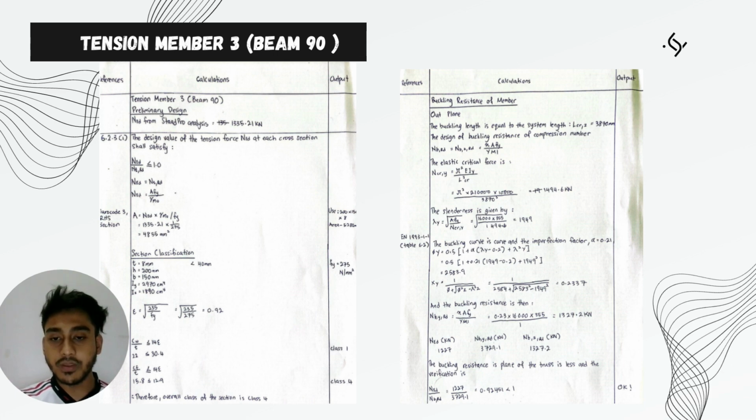The buckling curve is selected and the imperfection factor is 0.21, taken from table 6.2. After we calculate all of this, the buckling resistance in the plane of the truss is checked and the verification is okay because the result is less than 1. So we can conclude that the design is okay.